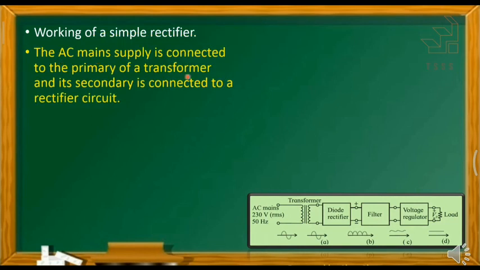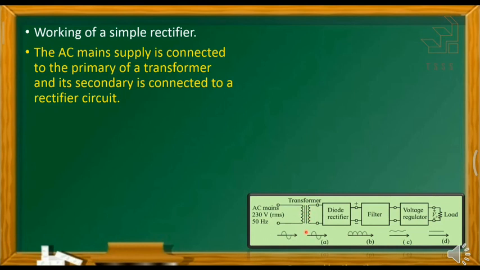The AC mains supply is connected to the primary of a transformer and its secondary is connected to a rectifier circuit. This is the primary, AC mains 230 volts 50 hertz, transformer. Next we take a diode. So the diode we take is a PN junction diode. After that we use a filter.